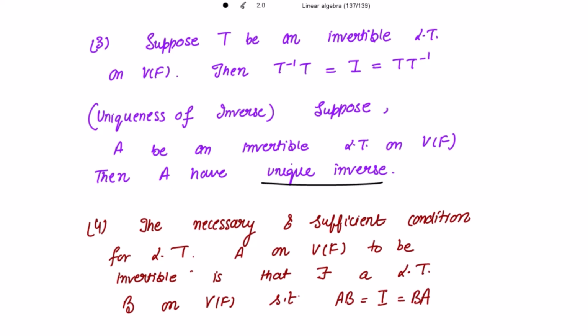Then the fourth one, the necessary and sufficient condition for a linear transformation A on V(F) to be invertible is that there exists a linear transformation B on V(F) such that AB is equal to I equal to BA, where I is the identity operator.